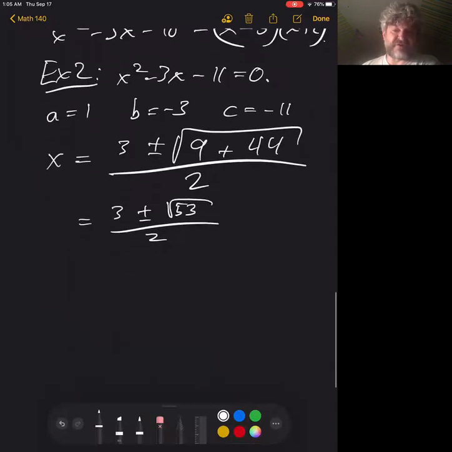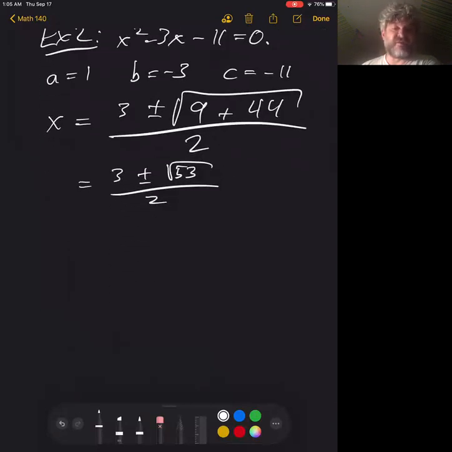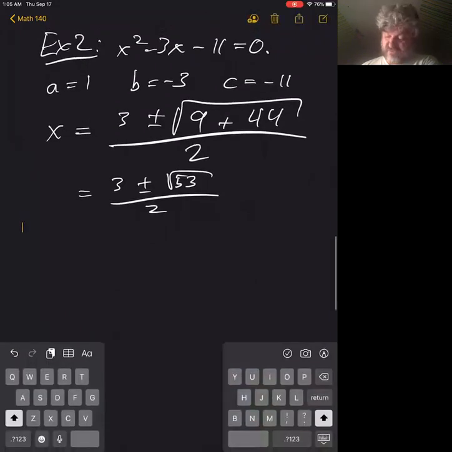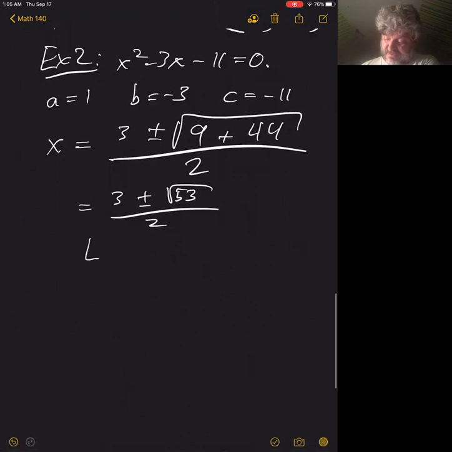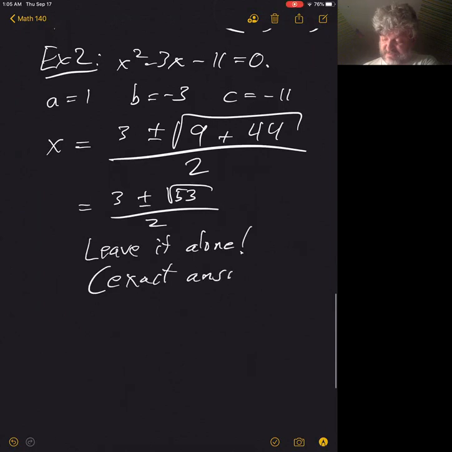Do not whip out your calculator unless somebody explicitly asks you to. So leave it alone. This is called an exact answer. For one thing, because it's exact, it's exactly right.